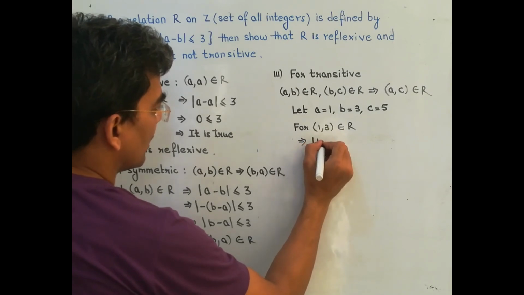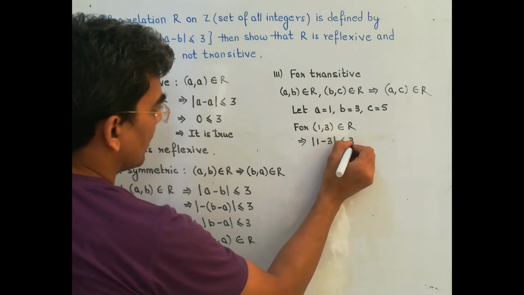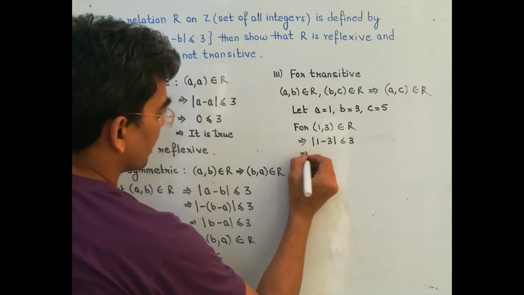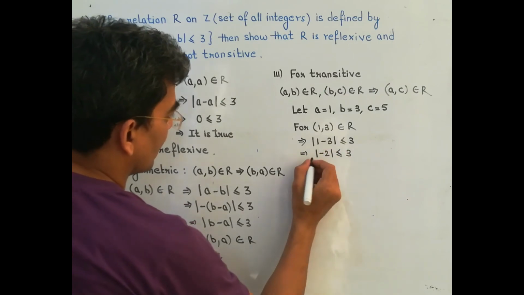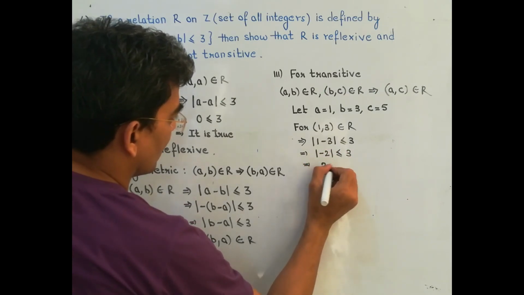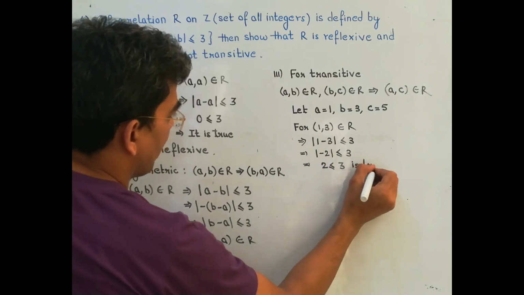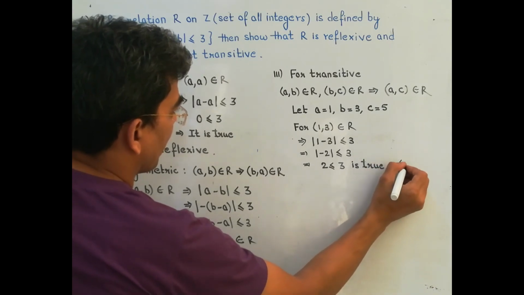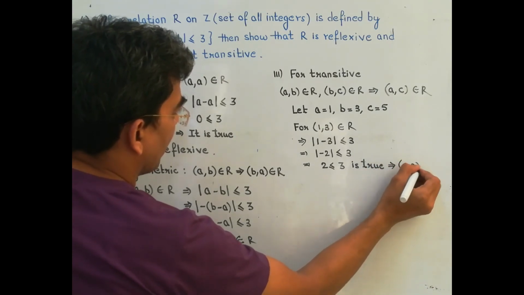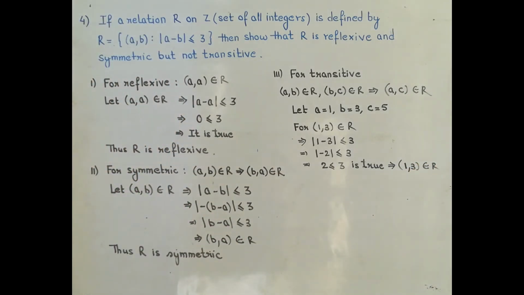Mod 1 minus 3 less than or equal to 3. So 1 comma 3 belongs to the relation, has been shown true.